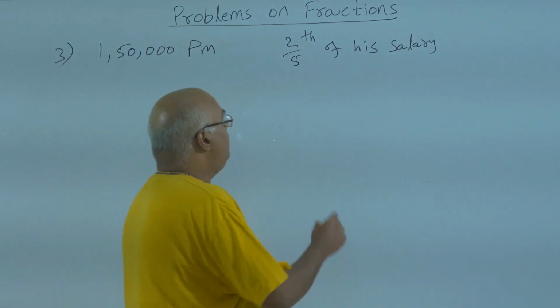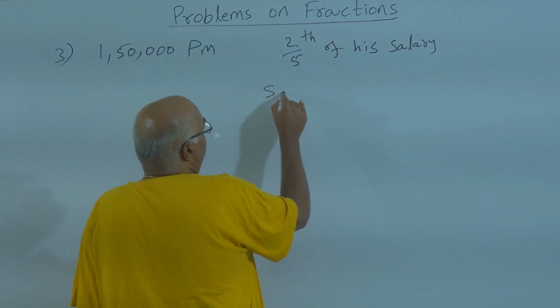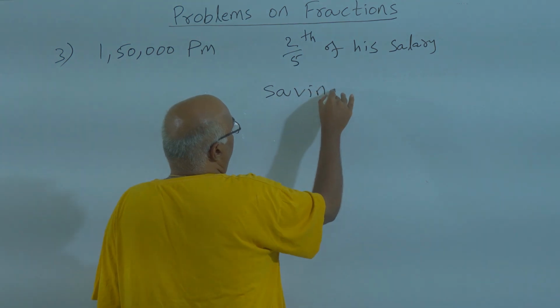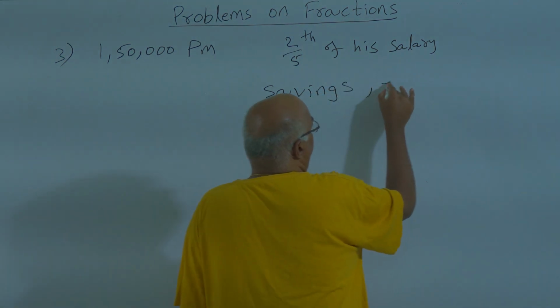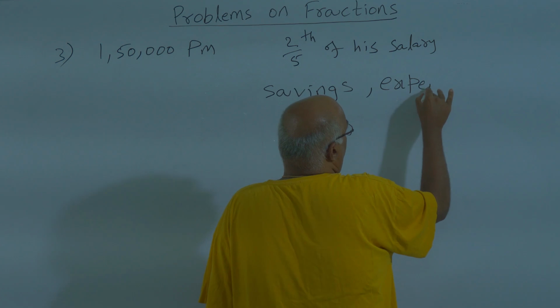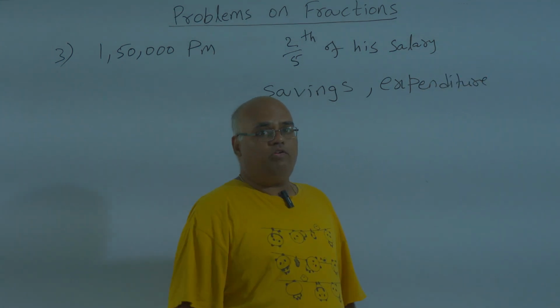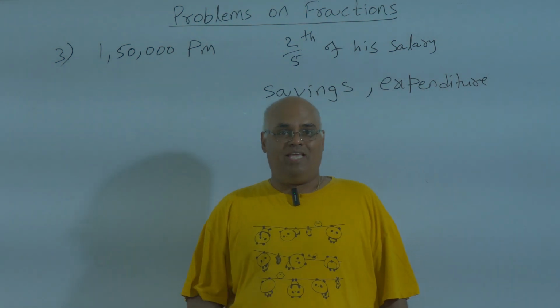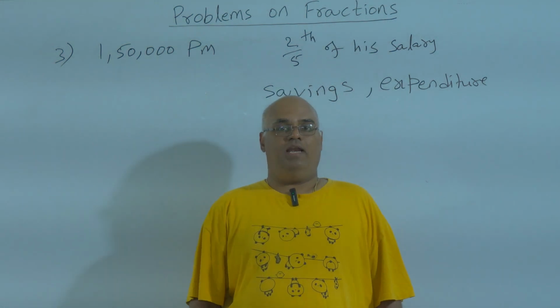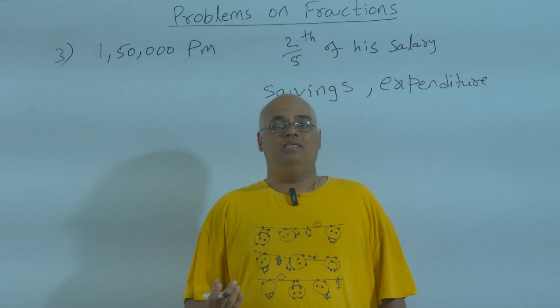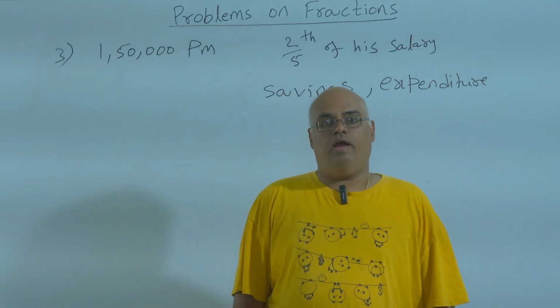We have to find the savings of Raju and the expenditure. That is, we have to find out how much money he is saving per month from his salary and how much money he is spending. So both we have to calculate.